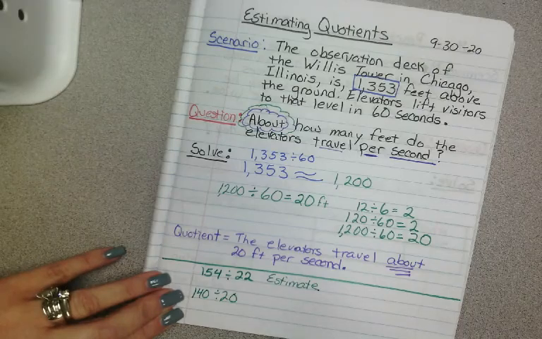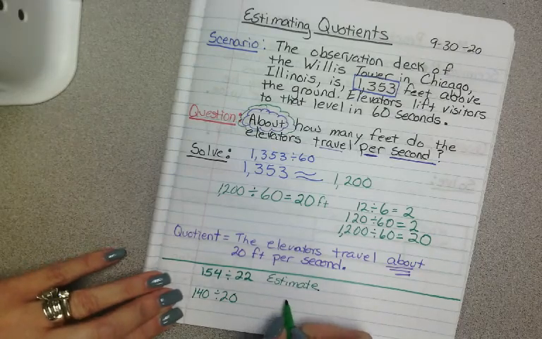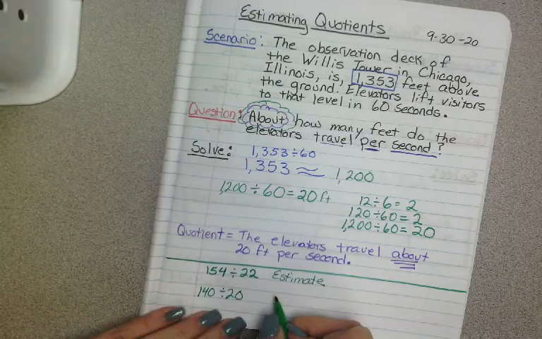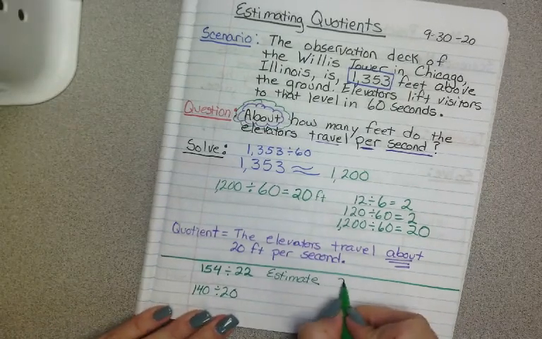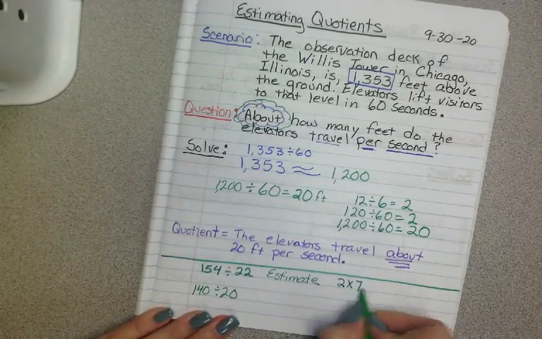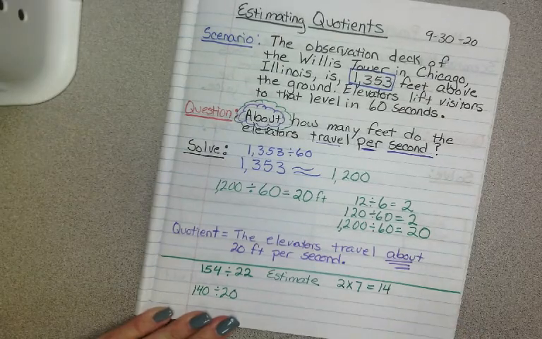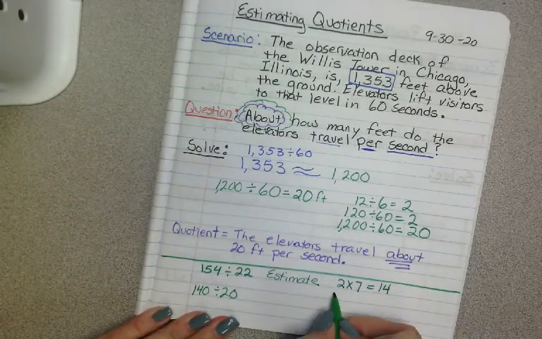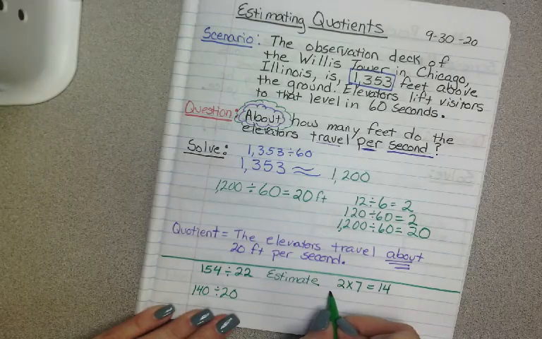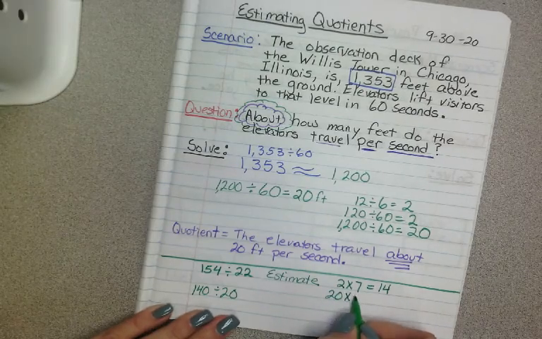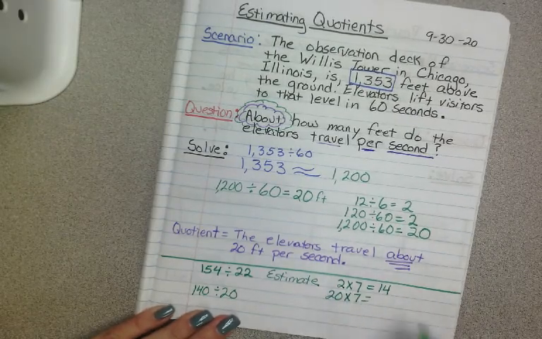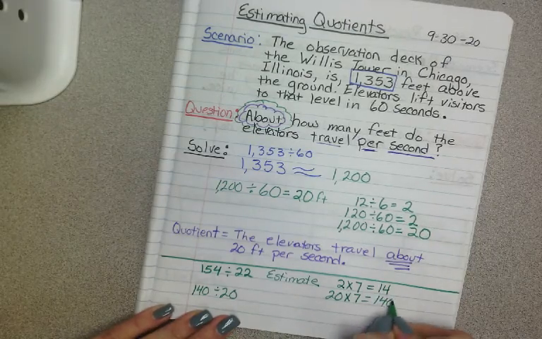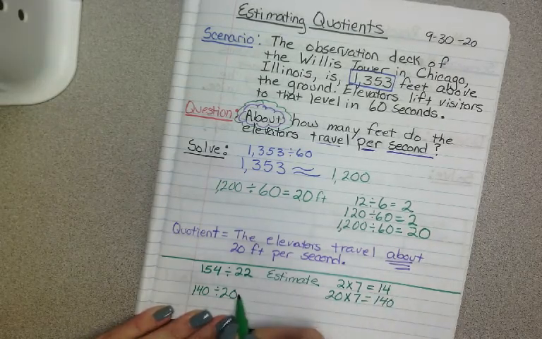You bet I could. And because I already know my multiplication facts, I already know that 2 times 7 equals 14. Well, if I had 20 times 7, that would be 140. So guess what, boys and girls?